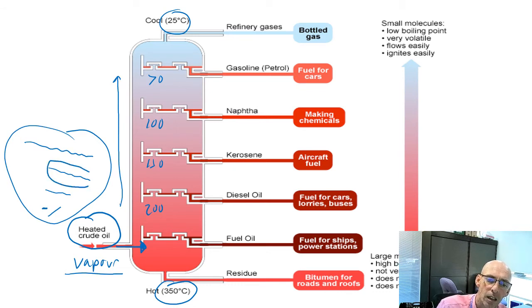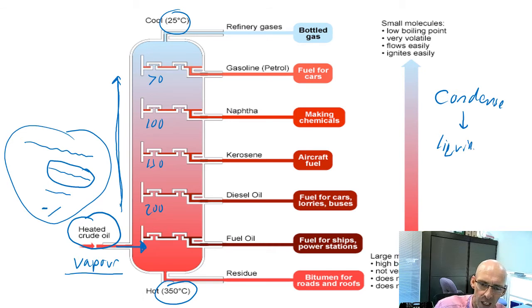The bigger the chain, the higher the boiling point. What that means is, as they move up this column, all of these different chains are going to condense, and this is what it's based on. They're going to turn back into a liquid.